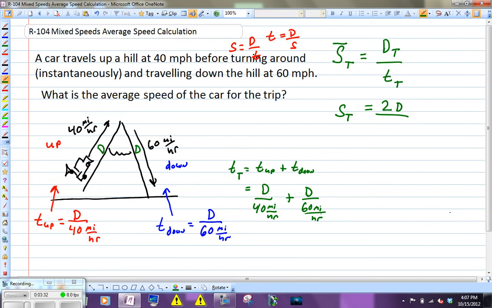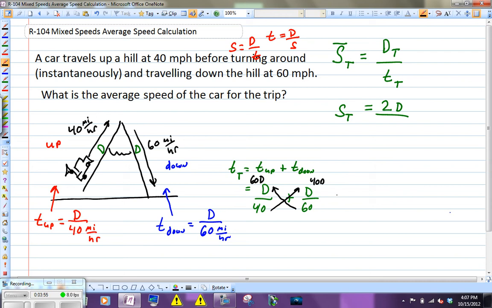But how do you add those? Well, let me take the units out of the way to make it just a math problem. You can get the common denominator, but a nice little math trick that I like to use is if you multiply diagonally, 60 times d gives you 60d, 40 times d gives you 40d.